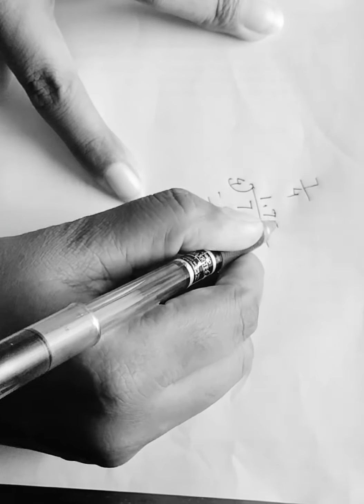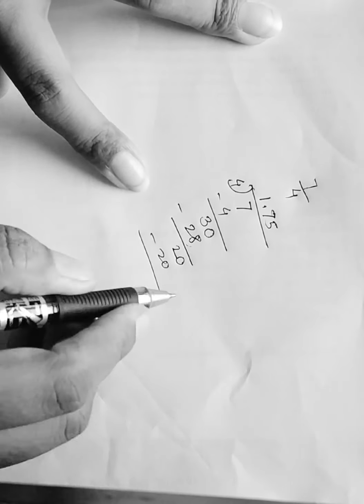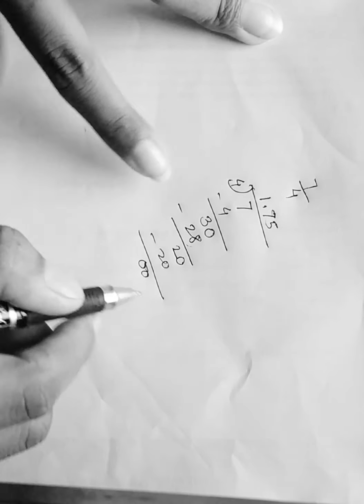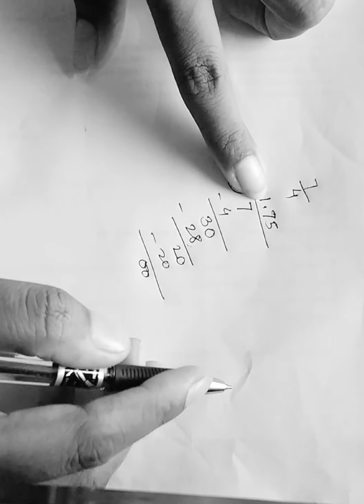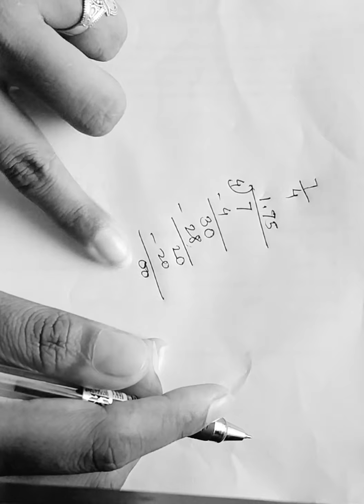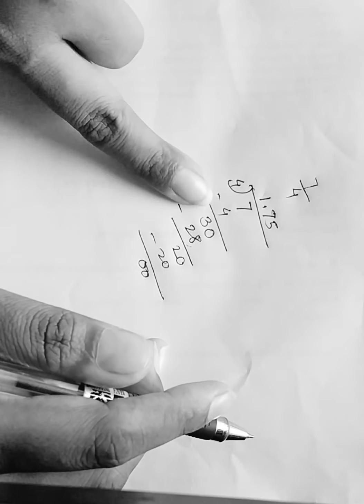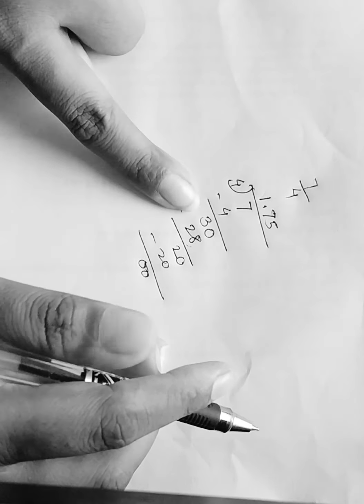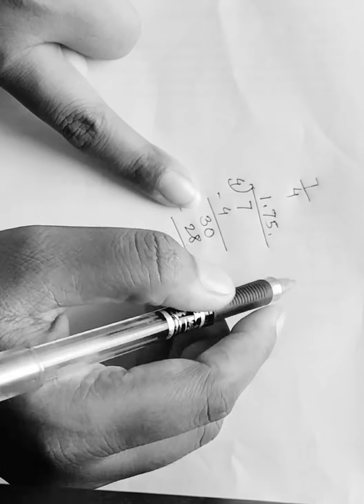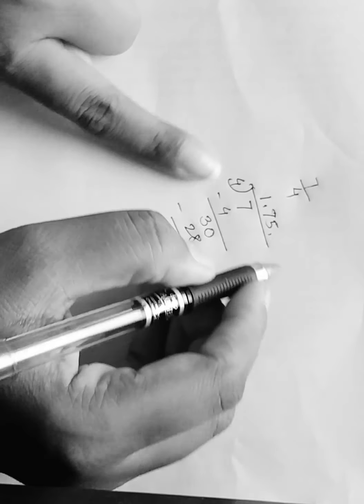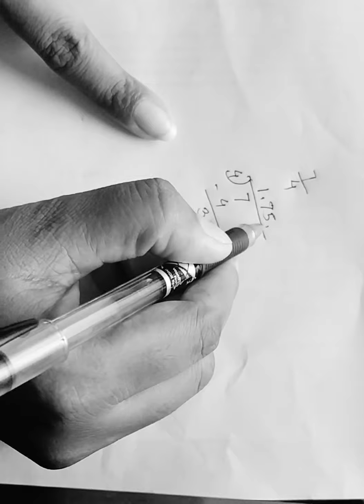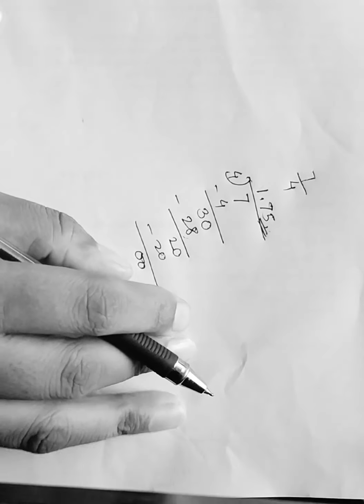Then 4 fives are 20. What did you get? Remainder as 0. And the quotient is 1.75. That means when the remainder is 0, the division is completed. It ends. So it is known as terminating decimal form. 1.75 is a terminating decimal form.